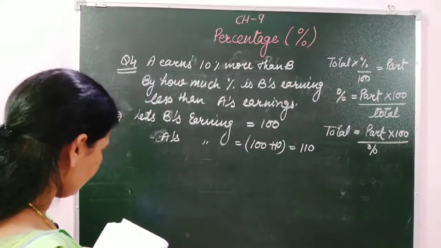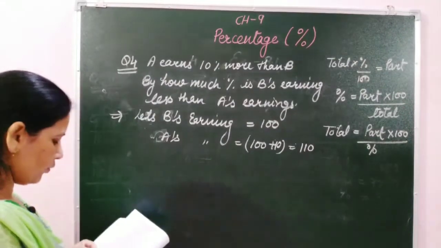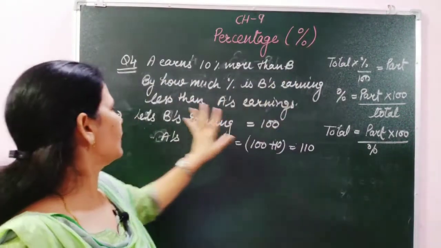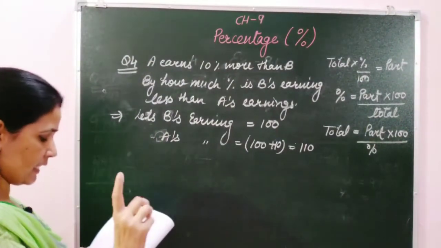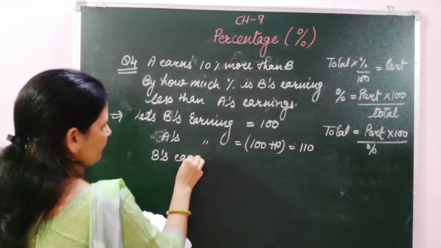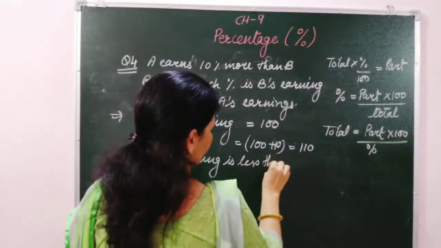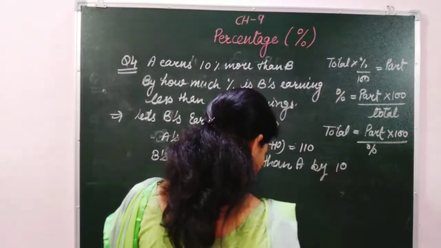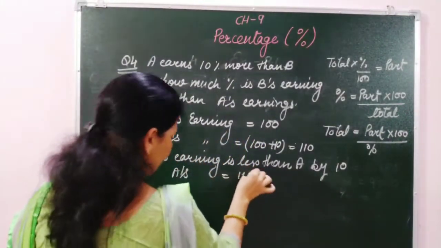Then after, this question is a little bit complicated student, and we have to solve this one. Now the next line, by how much percentage is B's earning less than A's earning? So how to write this one? B's earning is less than A by 10. By 10. Okay, and A's is 110.